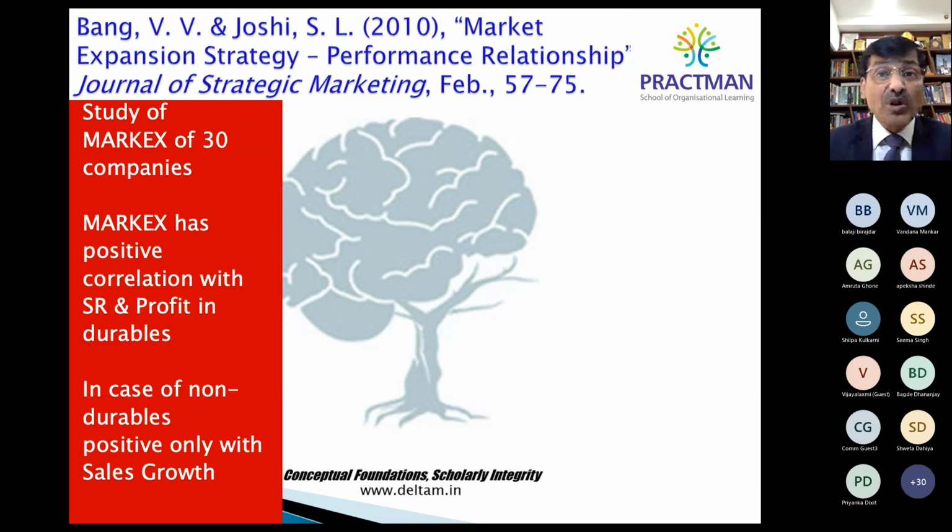Then we did some mathematical analysis, and what we found on the basis of this statistical analysis was that there was a positive correlation between market expansion strategy efforts of a company for a particular product category and its sales revenue growth. There was also a positive correlation between market expansion strategy efforts of a company at a particular product category level and its profits.